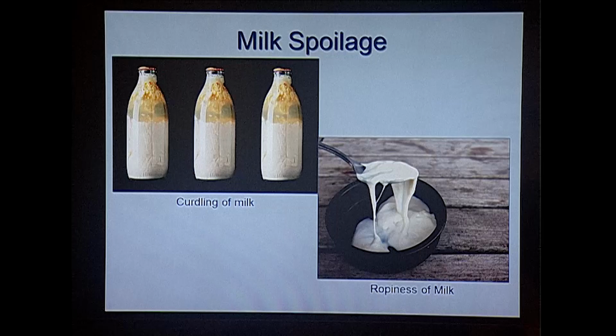The curdling takes place because the raw milk, or even the milk after pasteurization, contains certain bacteria like Lactobacillus lactis which grow rapidly in this kind of milk. They take up the lactose present in the milk and produce acid. This acid precipitates the milk protein, that is the casein, and hence there is a curdling of milk.